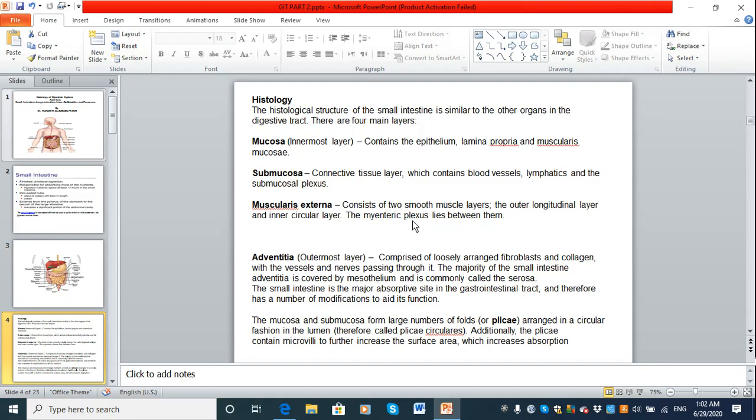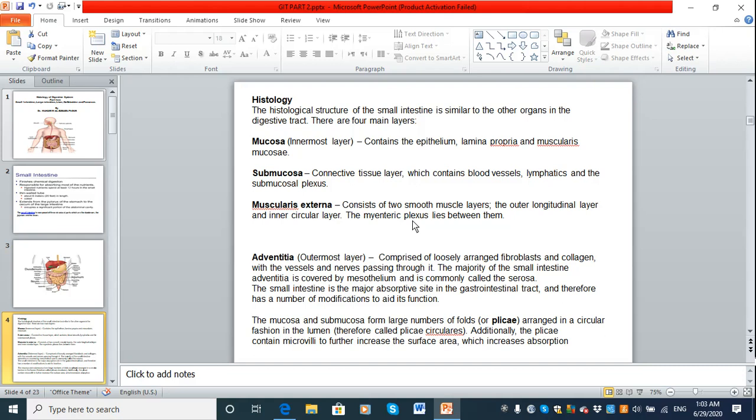For example, if you have a t-shirt and you fold it side by side, then you have large folds or plicae, and then you have a large surface, like the modifications we have in the small intestine.